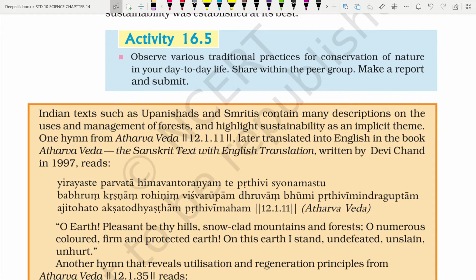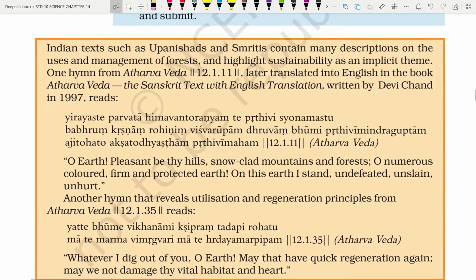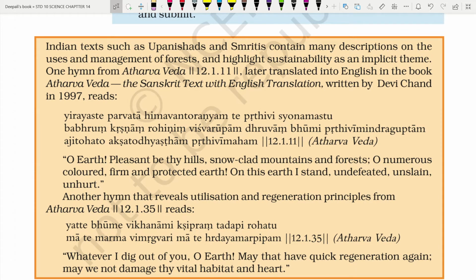One hymn from Atharva Veda 12.1.1, later translated into English, in the book of Atharva Veda, the Sanskrit text with English translation written by Devi Chand in 1997, reads, O earth, pleasant be thy hills, snow-clad mountains and forests, O numerous colored, firm and protected earth, O this earth I stand undefeated, unslain, unhurt.